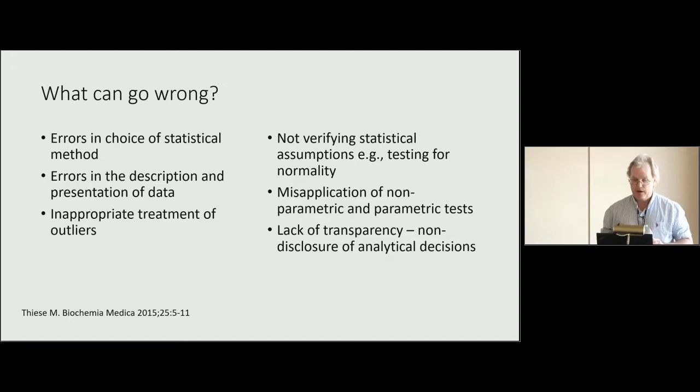And lack of transparency. So this is non-disclosure of analytic decisions. Again, going back to the situation where a scientist runs a whole bunch of tests but only reports certain values. To mitigate that in terms of the statistical process, we really like to define our analytic methodology up front before we collect the data.